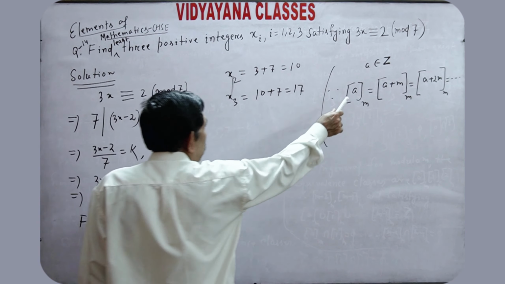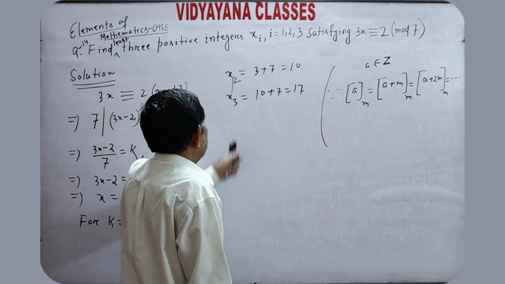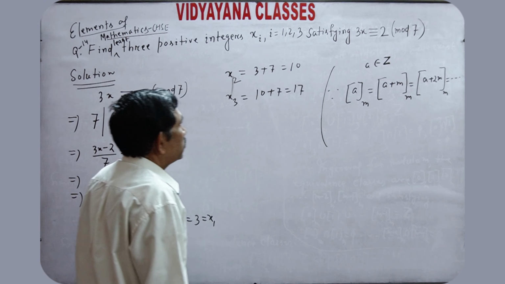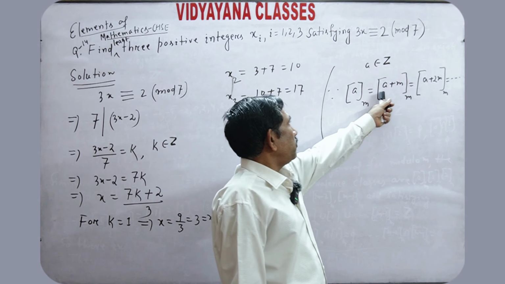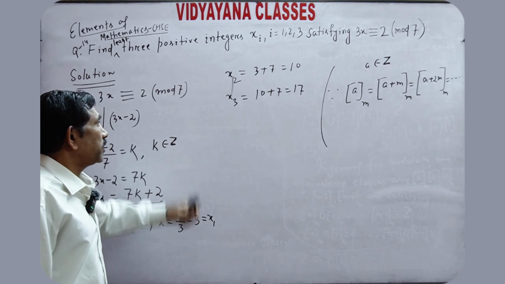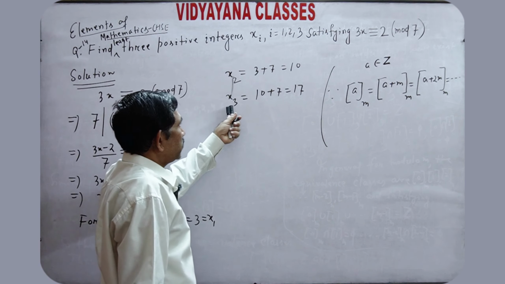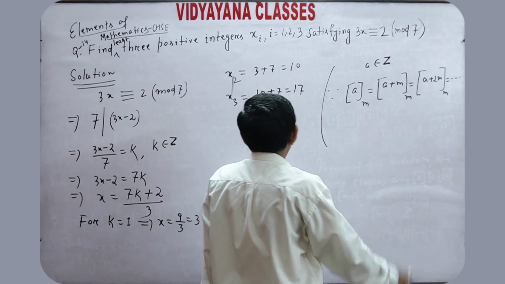Here A is equal to x1, that is equal to 3. x2 is equal to A plus M, that means M is equal to 7. That is 3 plus 7 is equal to 10. x3 is equal to A plus 2M.